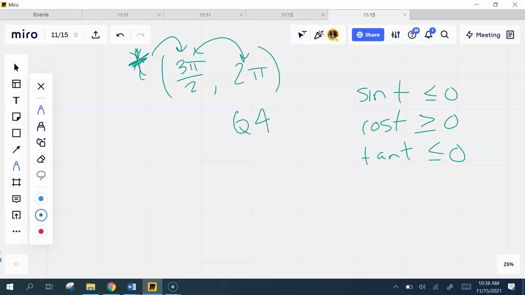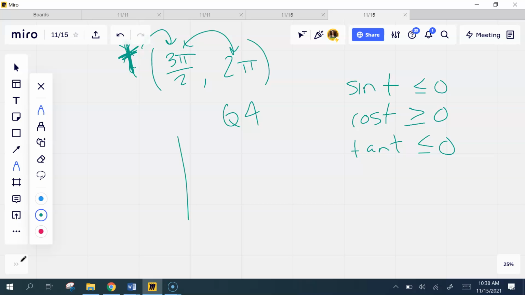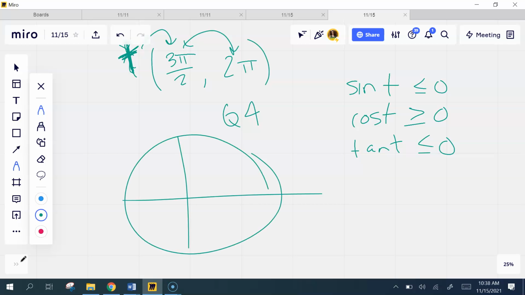That's the way it'll be in your homework. They use the variable t. So I'm just thinking about this unit circle, and I'm thinking about being down here. And down here, my x is positive, my y is negative. And if I divide the two, of course, I will get a negative.